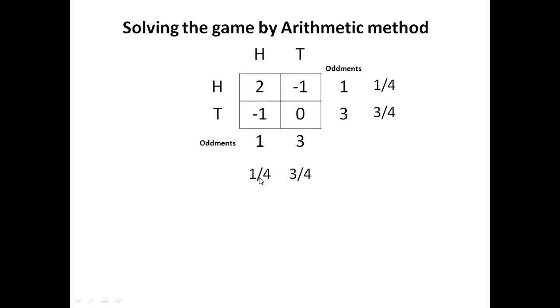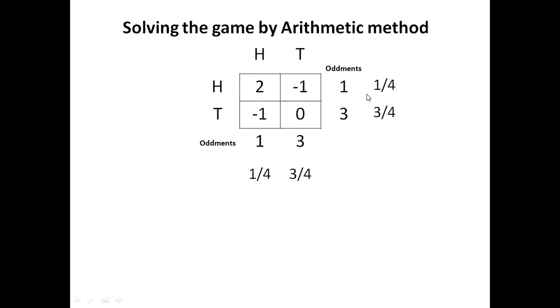Just check here, 1 upon 4 plus 3 by 4 means 4 by 4, that is equal to 1, or 25% and 75% means 100%. Here also 1 upon 4 plus 3 upon 4 is equal to 4 by 4, that is 1. 0.25 and 0.75 make 1. That is a probability. If it is x, then it will be 1 minus x. If it is 0.25, then it is 1 minus 0.25, that is 0.75.